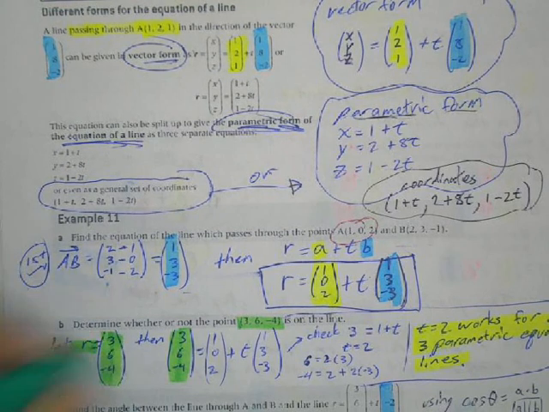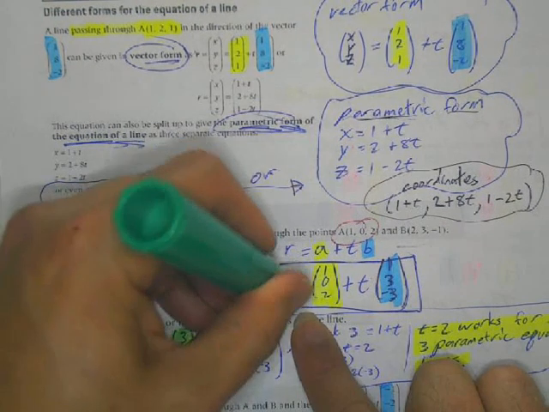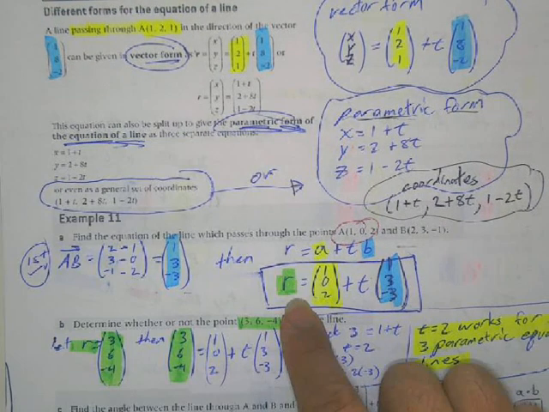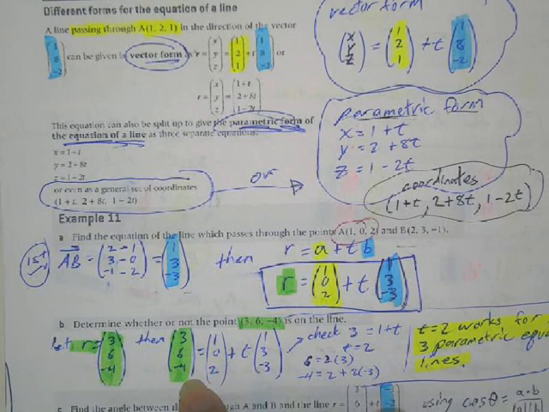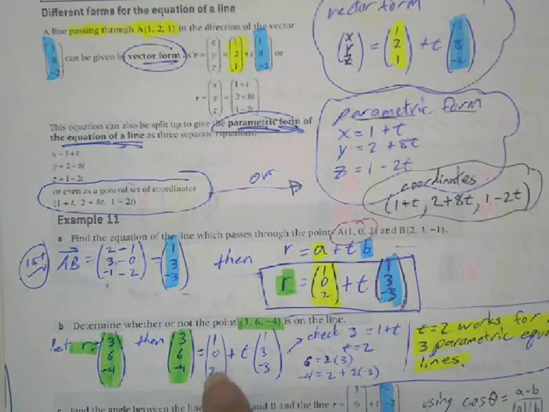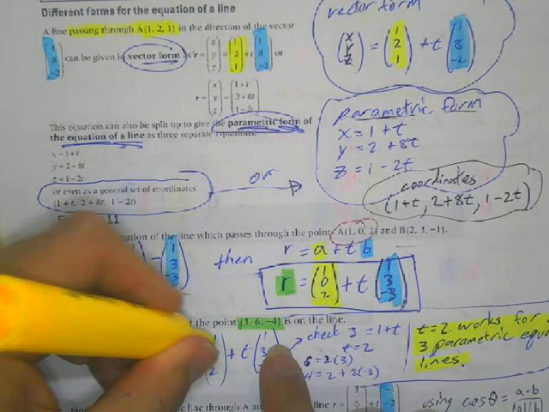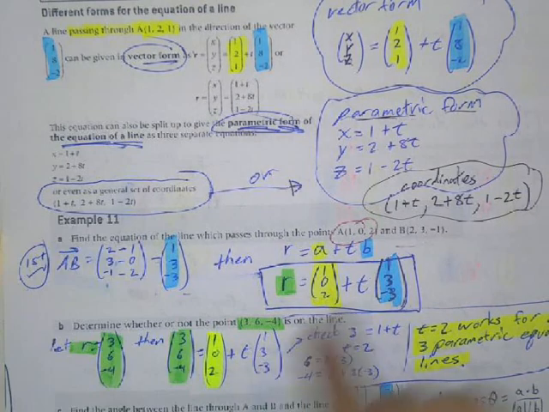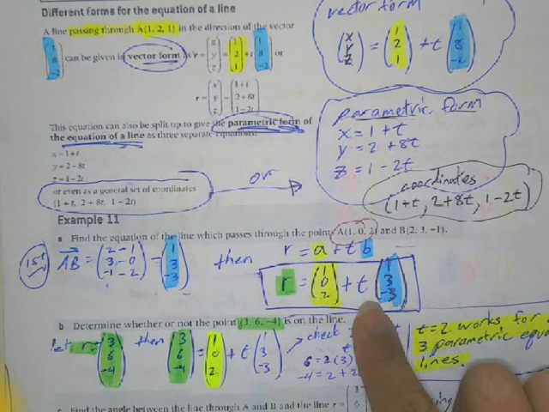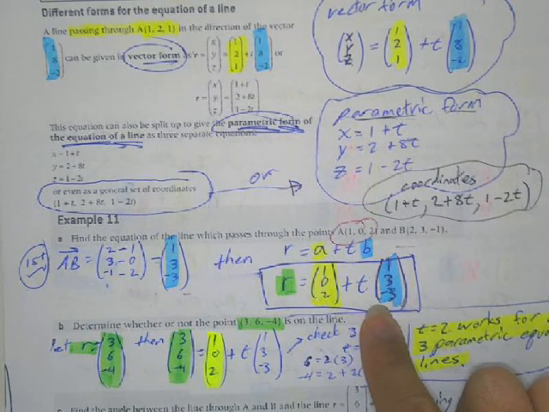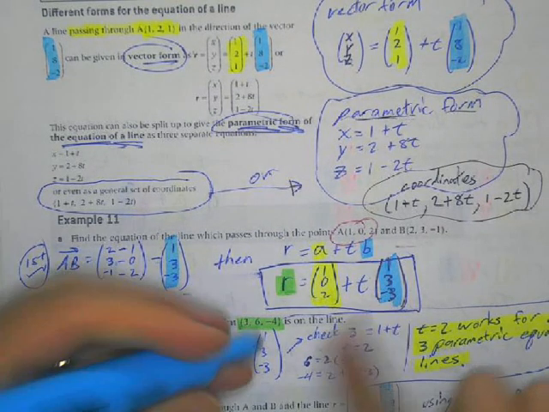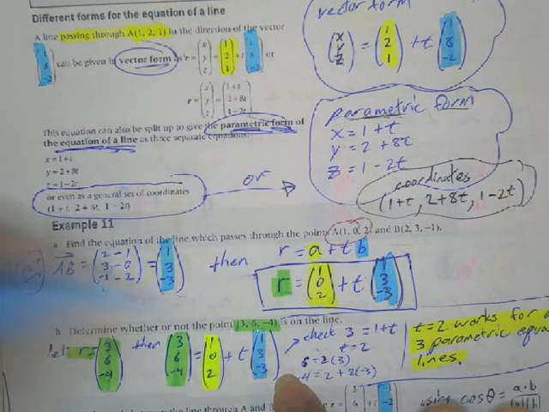So I'm rewriting this equation, but instead of r, I'm writing 3, 6, negative 4. We're going to see if this is true. Is the vector 3, 6, negative 4 equal to 1, 0, 2 plus t times my direction vector of 1, 3, negative 3? I check that to see if it's true.